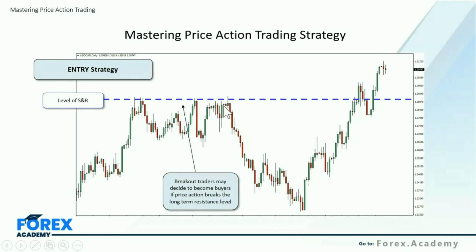And if we get a breakout of this level, then what that might signify is an opportunity for buyers to actually get in. And certainly these are your breakout traders. They'd be looking to get in if you clearly see a breakout of this level. But as you can see, it becomes a fairly significant level of resistance over a significant period of time.